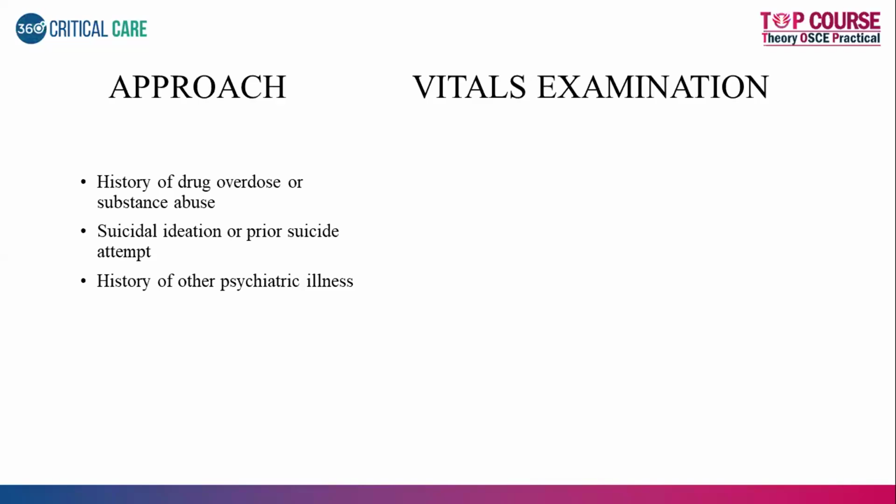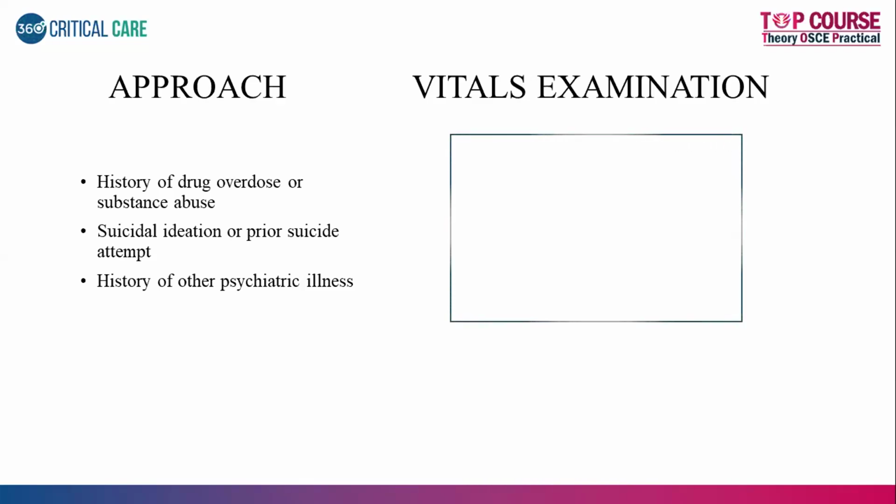And third is whether there is a history of psychiatric illness. These are important apart from the history which you usually collect: what type of drug, what is the amount, when did he consume, whether you went to a previous hospital, any gastric lavage given. Apart from all these, these three are very important history that you should obtain from the relatives.